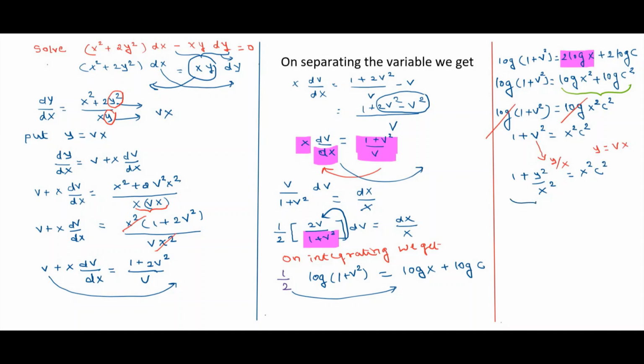Now if you take the LCM on the left hand side, the LCM is x square, and by cross product, x square into 1 is equal to x square plus y square is equal to x square c square. Transpose this x square to the right hand side, you will get x square plus y square is equal to x raised to 4 into c square, and this is the required solution.